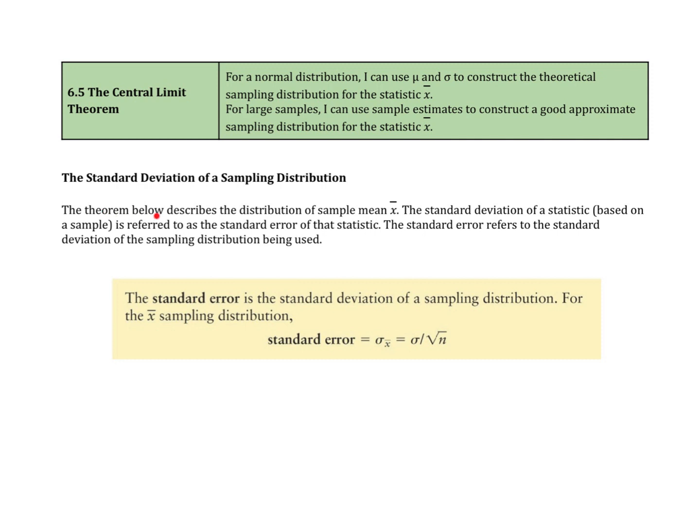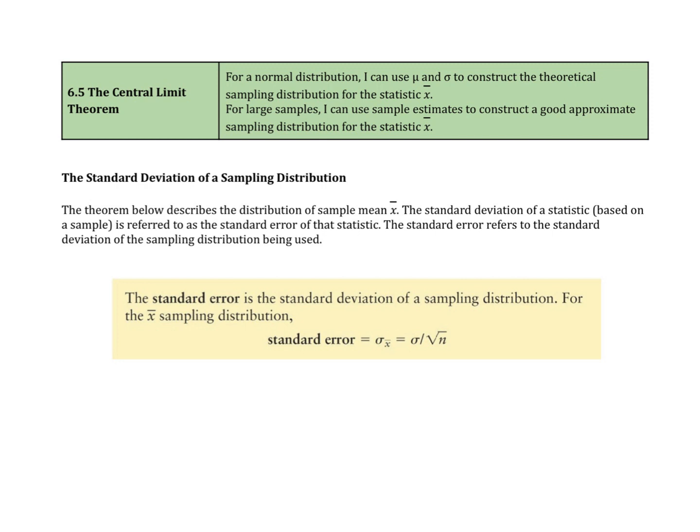The theorem below describes the distribution of sample mean x bar. The standard deviation of a statistic based on a sample is referred to as the standard error of that statistic. The standard error refers to the standard deviation of the sampling distribution being used.